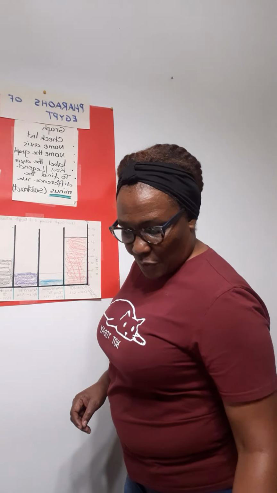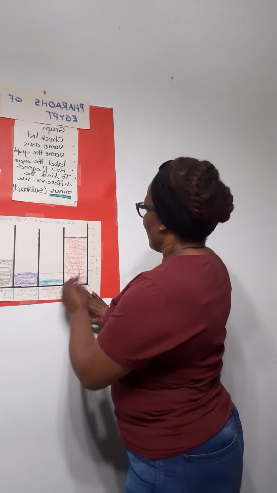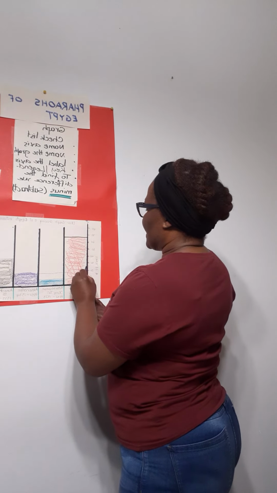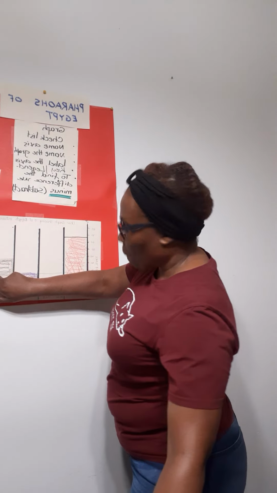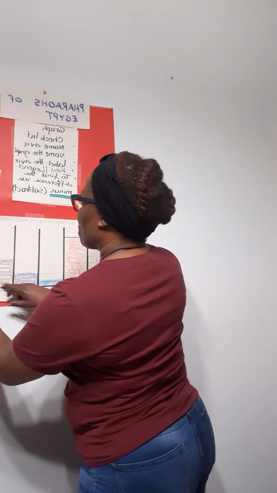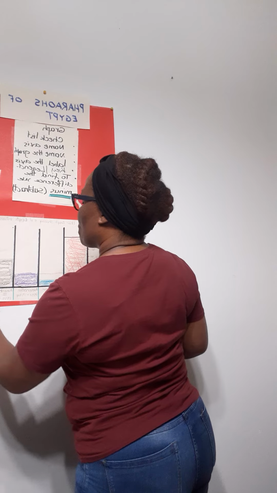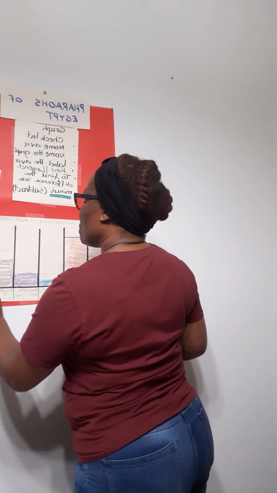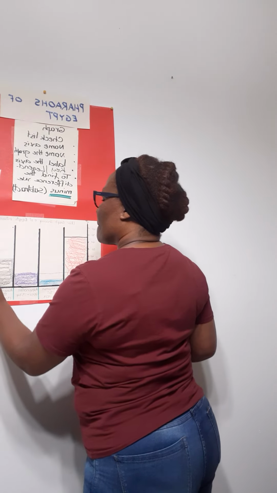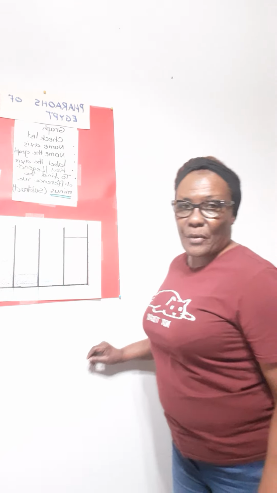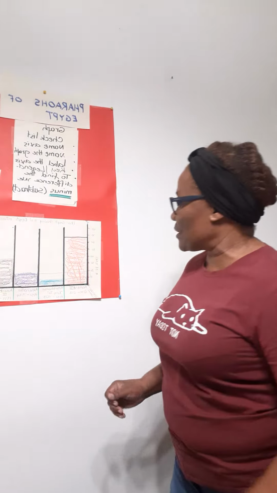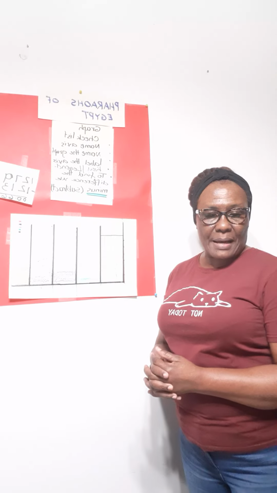So we're going to put our 23 years in. All right, so I'm giving you just a minute to finish up, and then we're going to compare what we have on our graph.